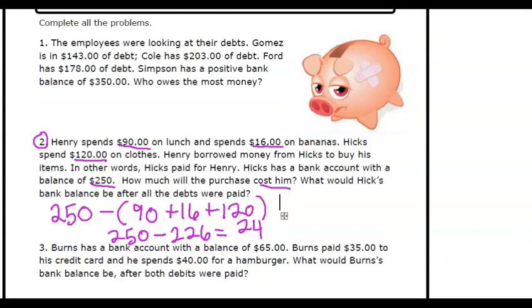So it would cost him $226, and he would have $24 left over.